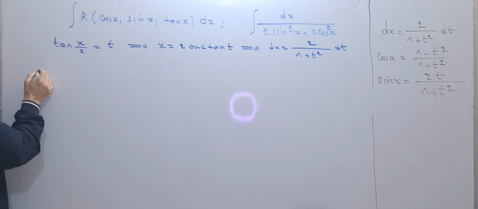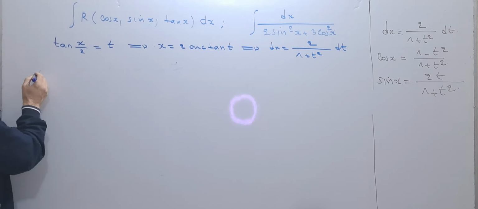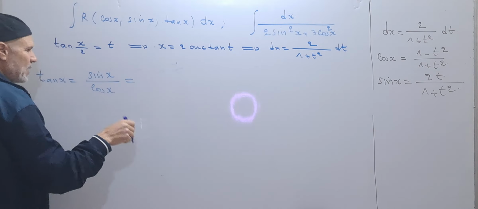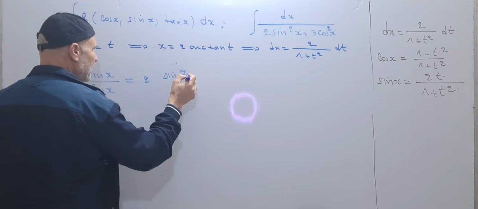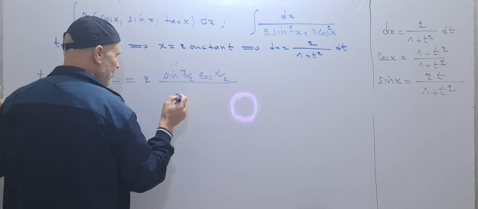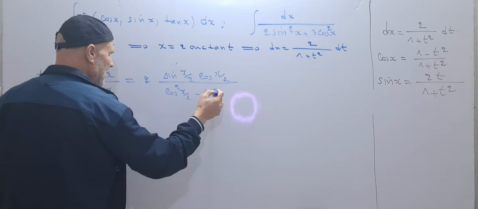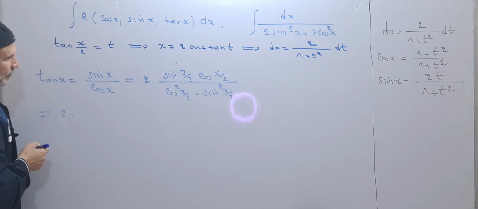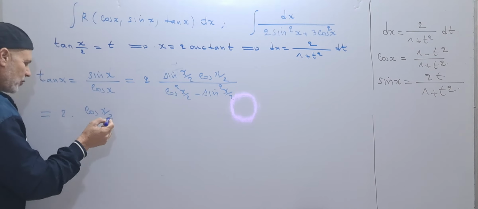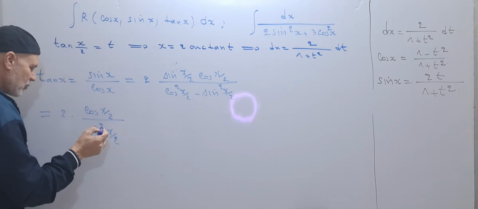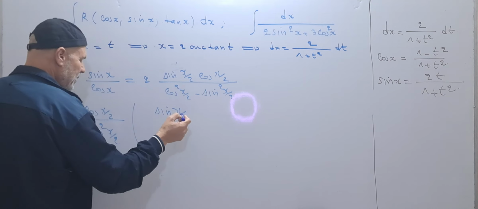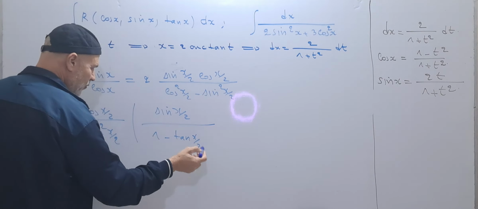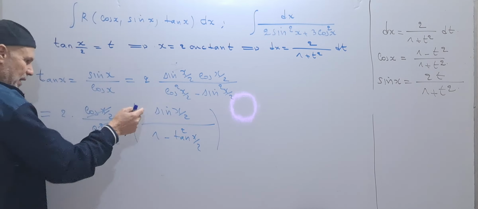For tangent x, equal to sine x over cosine x, which is equal to 2 sine x over 2 cosine x over 2, over cosine x over 2 squared minus sine x over 2 squared. Here we have 1 minus tangent x over 2 squared, and this will be cancelled with this, and we take this here.